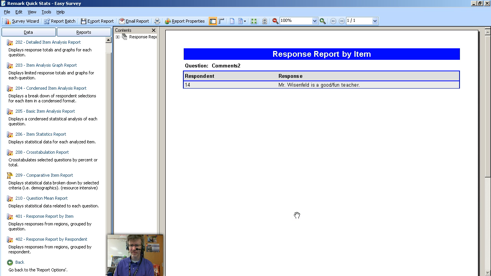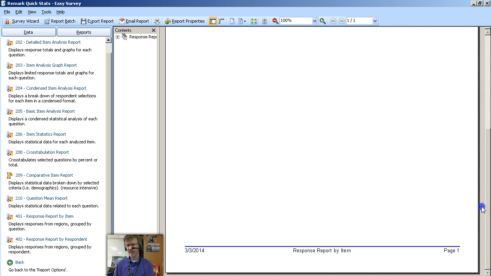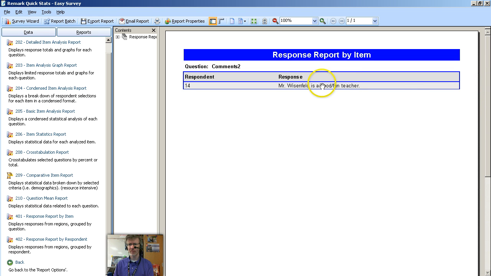So if I want to see what comments 2 is all about. So Mr. Weisenfeld is a good, fun teacher, and I think if I were to go in and type some of those comments, I would get more data here for my response. So this was actually my typing in, not optical character recognition of someone's writing in the free response part of the survey. That was question report by item.